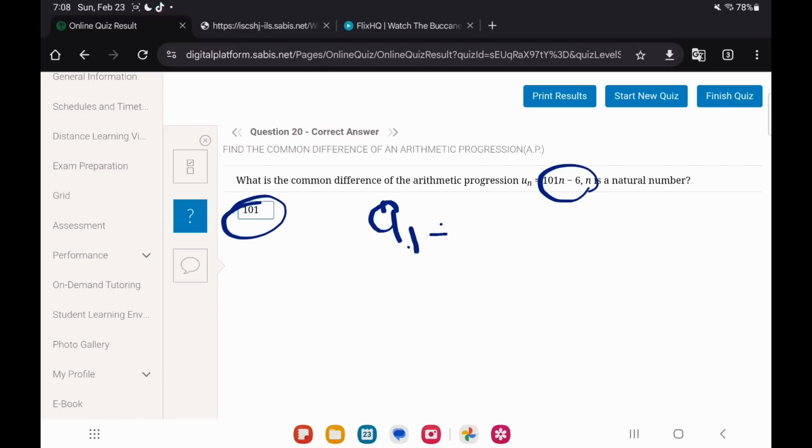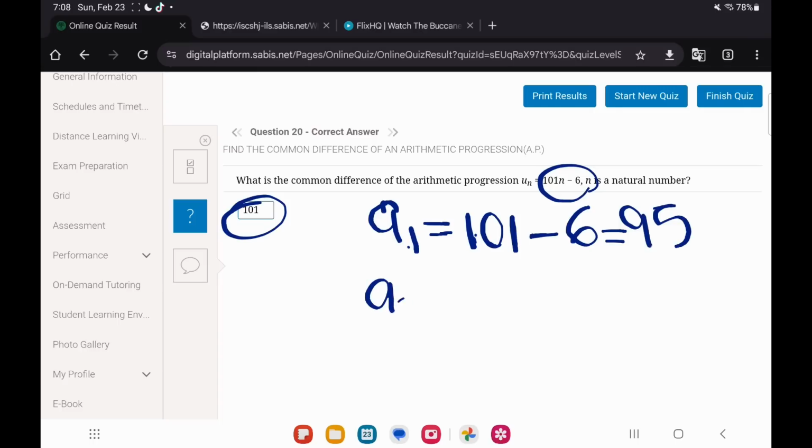So A1 equals 101 times n, which is 1, so it's just 101, minus 6, that equals 95.